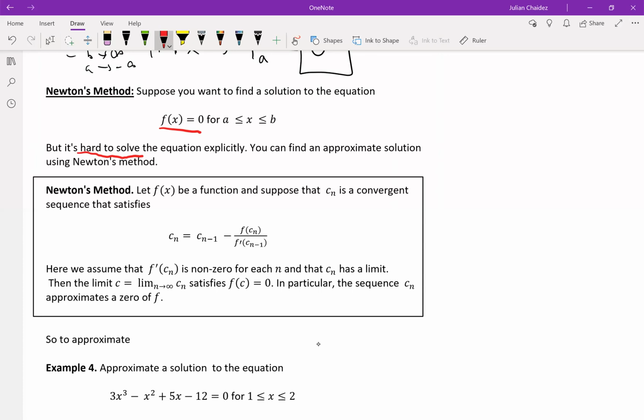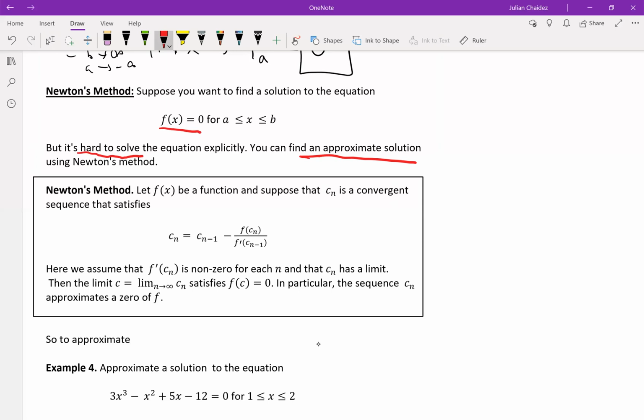In that case, you can find an approximate solution by utilizing Newton's method. Basically, you inductively, step by step, construct closer and closer approximations to the solution by constructing a sequence procedurally. So it's a lot like Euler's method.